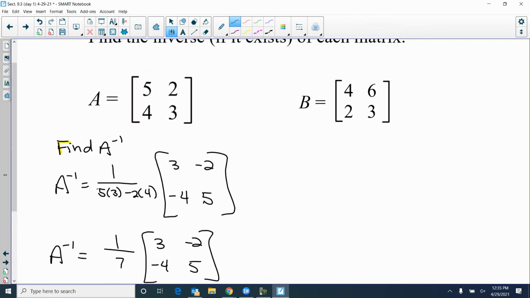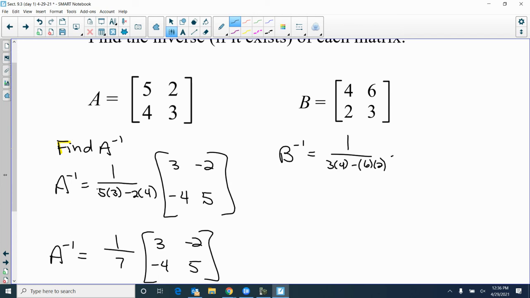All right, what's B inverse? Well, what happens when we do 1 over 3 times 4 minus 6 times 2?